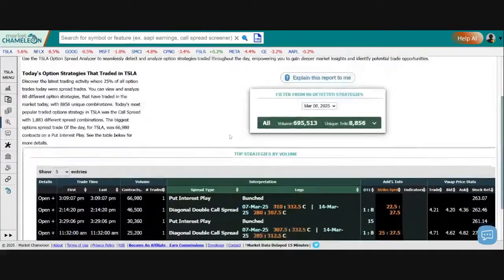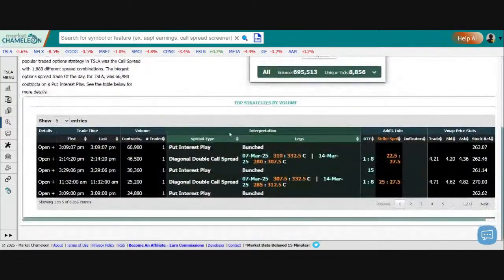So now here we see the multi-leg trades. They are also sorted by the highest amount of contracts over here. Okay, and you could tab through it. You see there are a lot of them, over 1,000 pages worth of them.